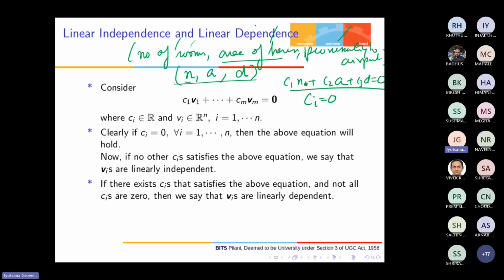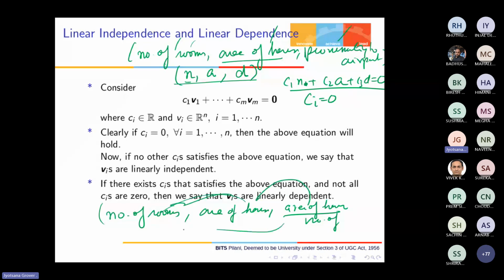But suppose I take the number of rooms, then the area of the house, and as the next feature, the area of the house divided by the number of rooms. Now this feature depends on the other two, right? So this feature is dependent on those two, and you will not say this is linearly independent.